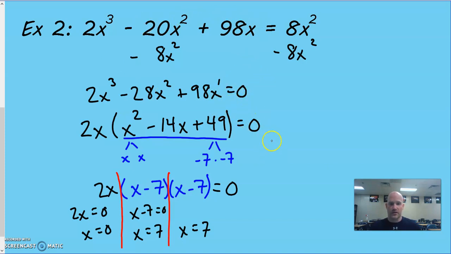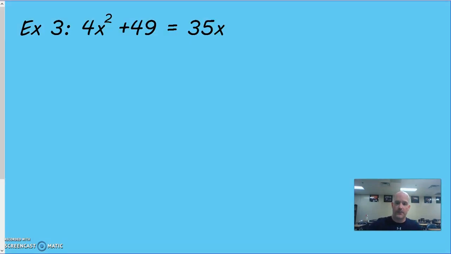So that's going to be our solution. So we would go and write our answer is x equals, fancy squiggly brackets, smallest one 0, other one 7. There's no need to go and write it twice, but the solution set for this cubic polynomial is going to be 0 and 7.